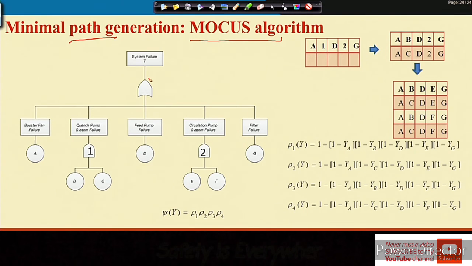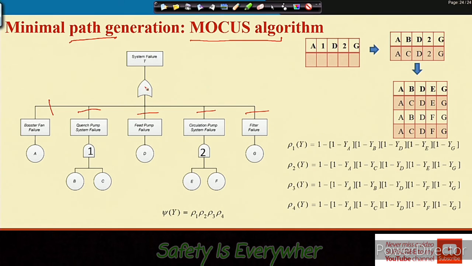Now, the inputs are A, this is 1, this is D, this is 2, this is G. As this is an OR gate, when we are going for minimal cut, we are increasing the number of rows, but when we go for minimal path, we will increase the number of columns when there is an OR gate.